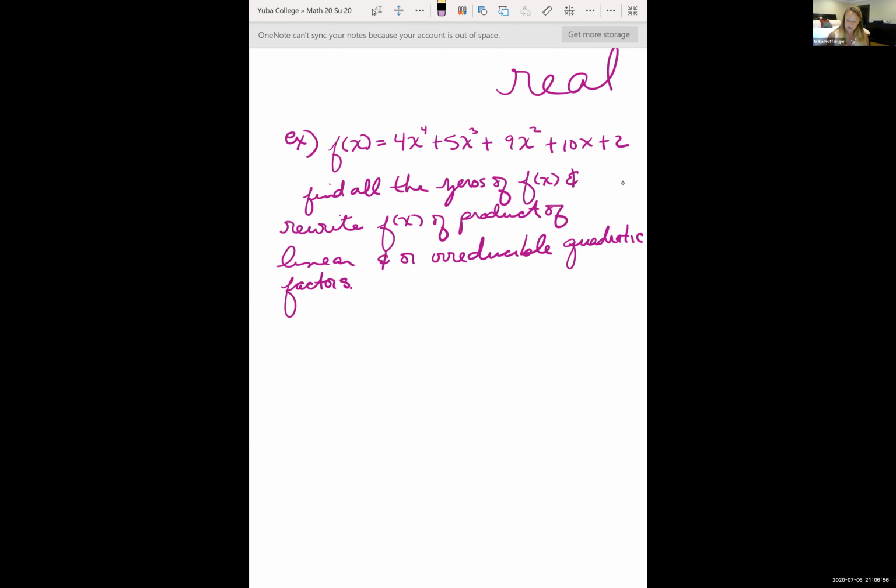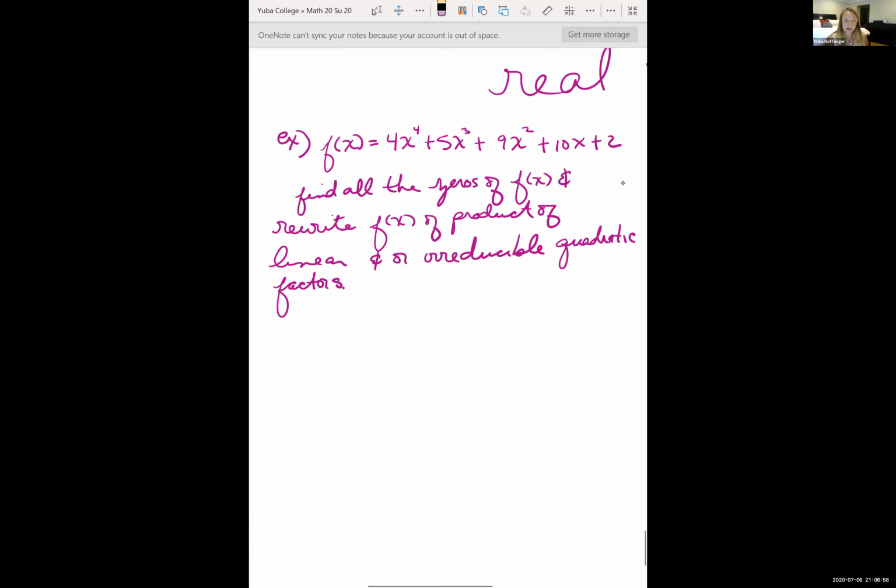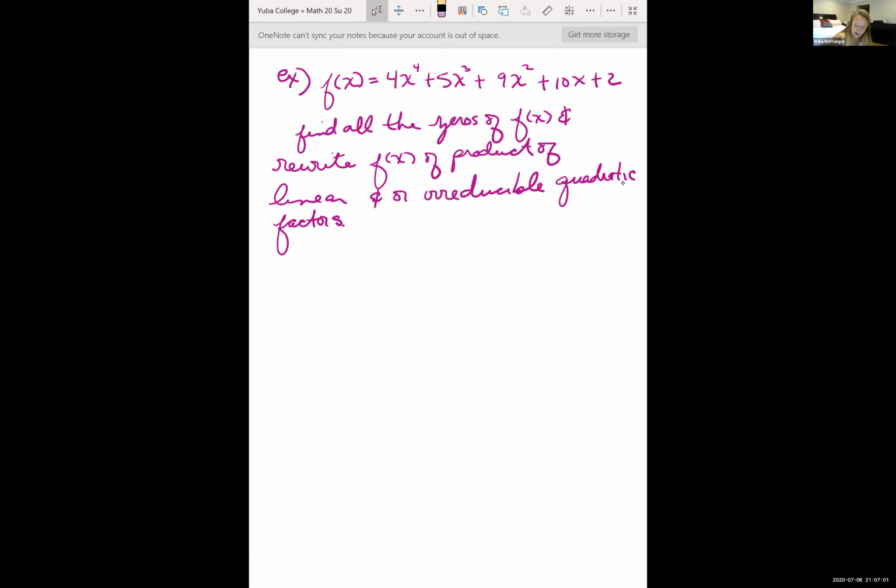Okay, so we're going to use some of these theorems to help us. And so let's first look at the rational zero theorem.